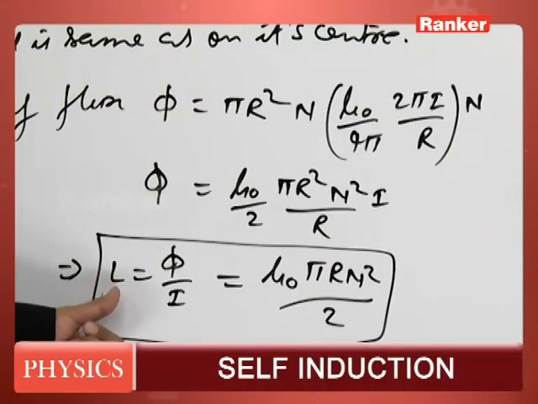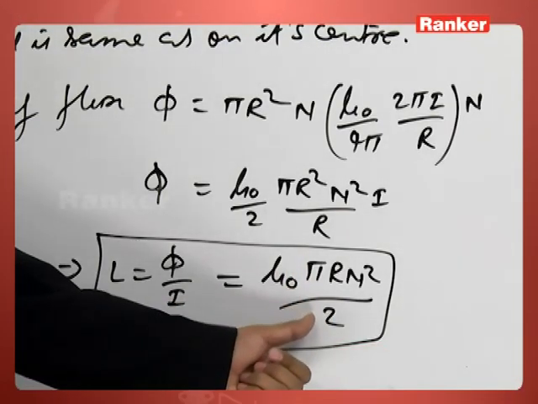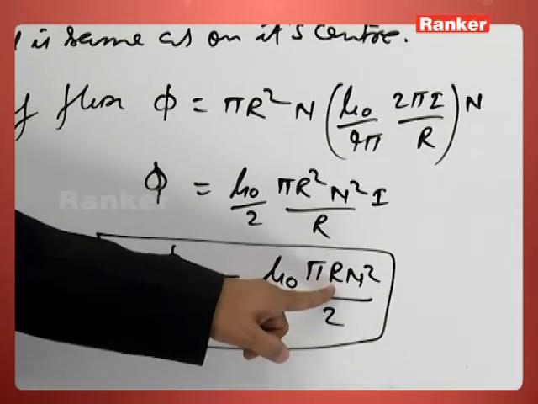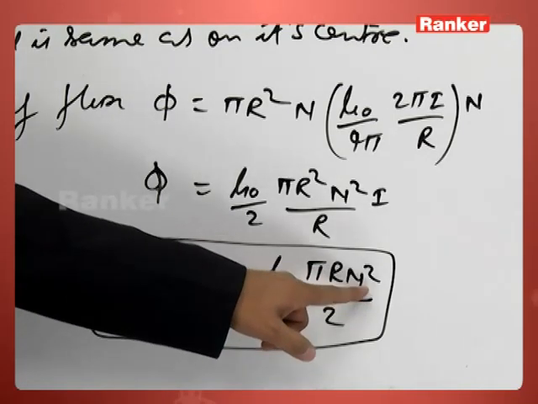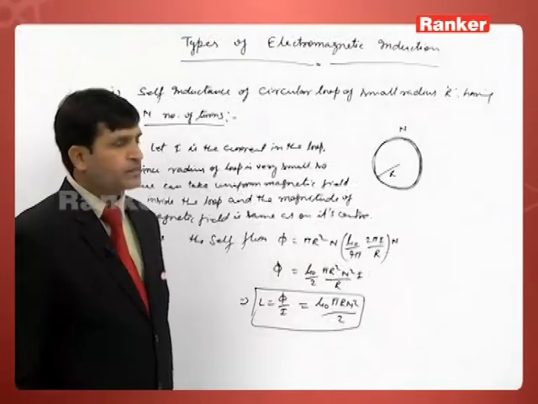The self-inductance of the loop L is given as μ₀ π r N² by 2. From here it is clear the self-inductance depends on the radius of the loop as well as the number of turns in the loop.